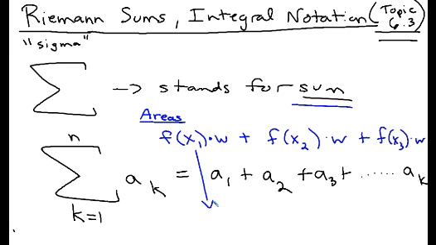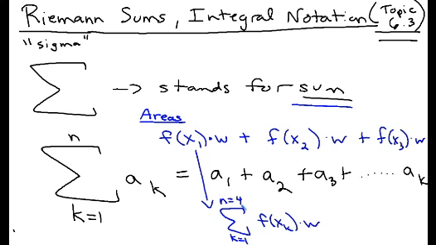We could have said that it is the sum of f of x sub k times the width. We could have written it that way, and we could have said that k equals 1, and then we put our n up here. If we were doing 4 rectangles, we would say n equals 4. We'd put that up there.